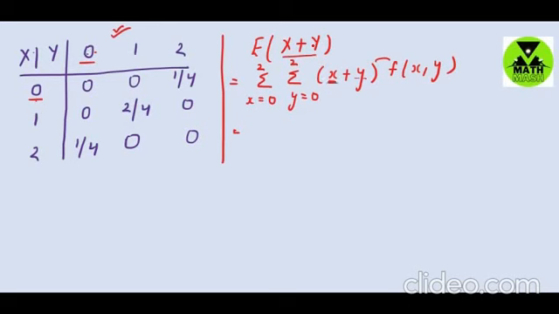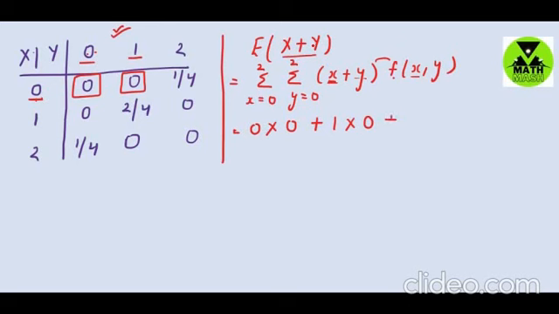So 0 plus 0 is 0, and multiply by the corresponding probability mass function, that is f at 0, comma 0, which is 0, plus then x plus y, this is 0 plus 1. So this is 1, and their corresponding joint probability mass function is 0.